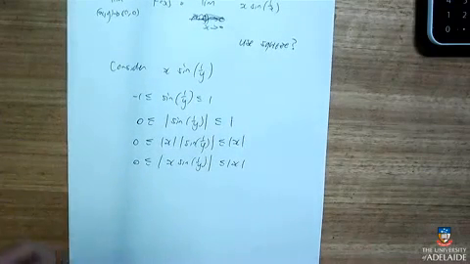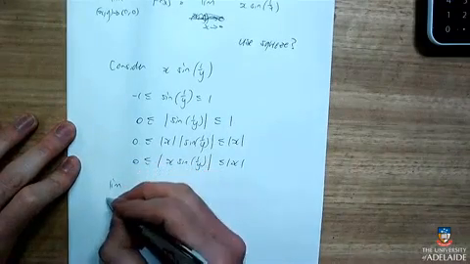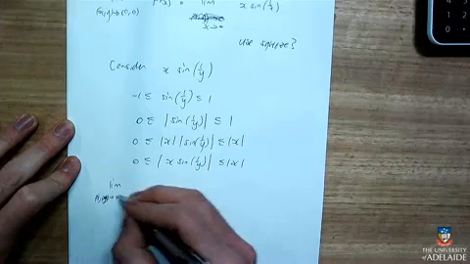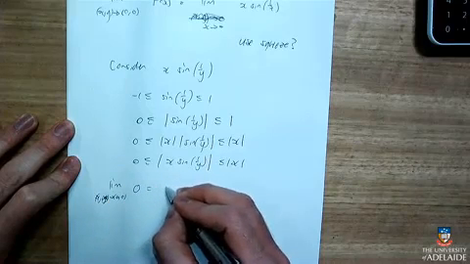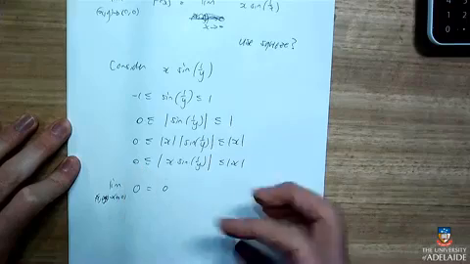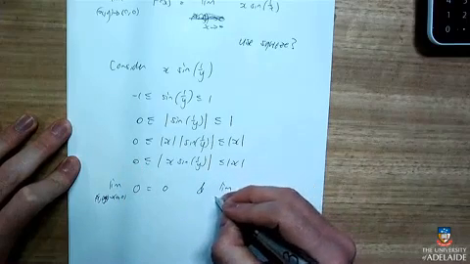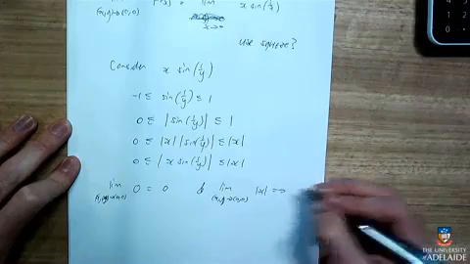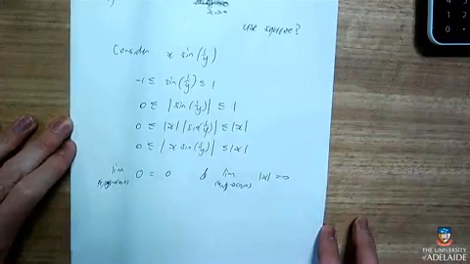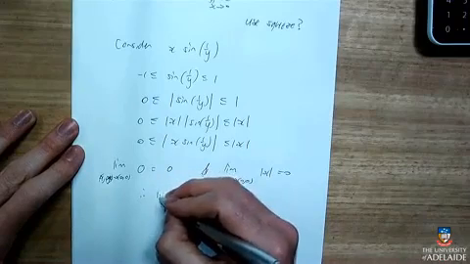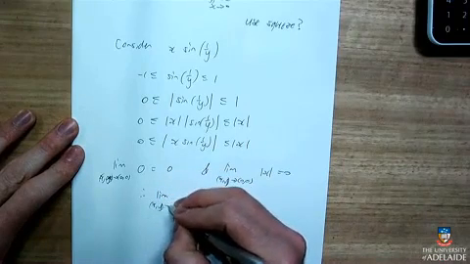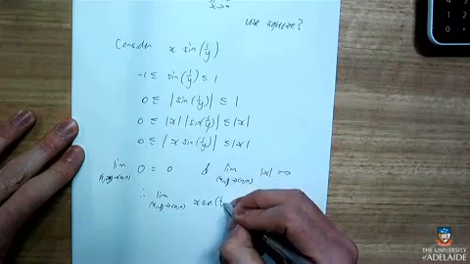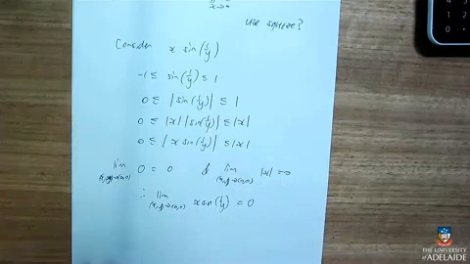And so I know that the limit as x and y go to (0, 0) of 0 is 0. That's this side. And the limit as x and y go to (0, 0) of mod x is 0. That's this side. And therefore the limit as x and y go to (0, 0) of x sine 1 over y is also 0 by the squeeze law.